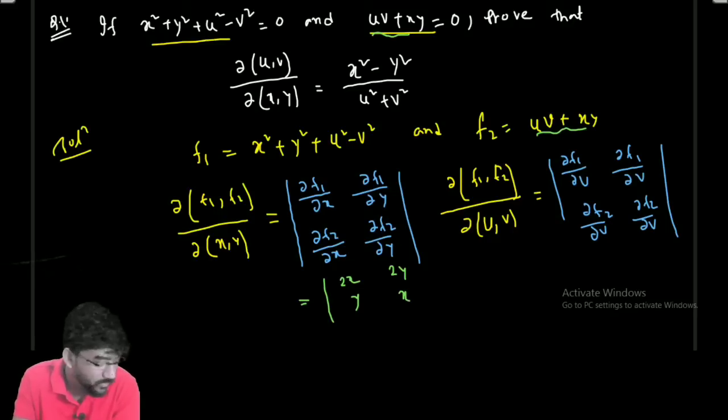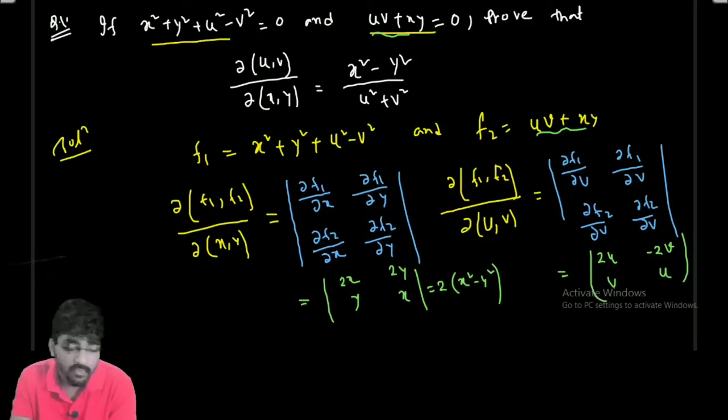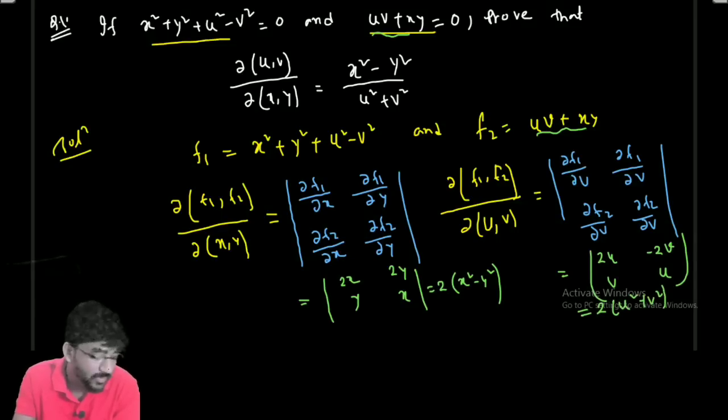So we get 2x, 2y, y, x, which gives 2(x² - y²). Similarly, ∂f1/∂u is 2u, ∂f1/∂v is -2v, ∂f2/∂u is v and ∂f2/∂v is u. So you will get 2(u² + v²).